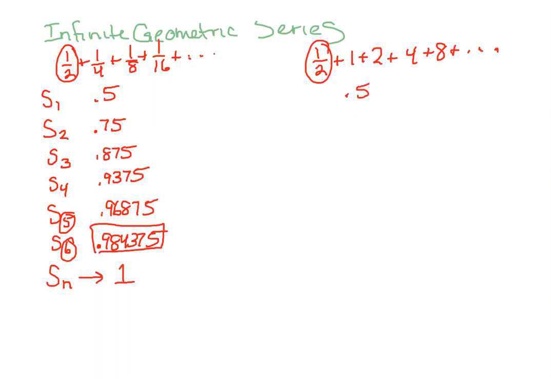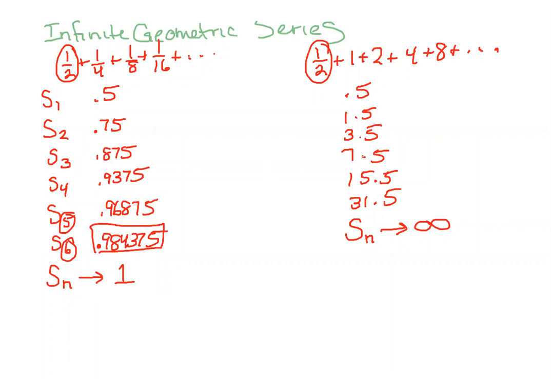We start with this. S2 is 1.5, then 3.5, then 7.5, then 15.5, then 31.5. And as we go up to infinity, this is going to infinity.